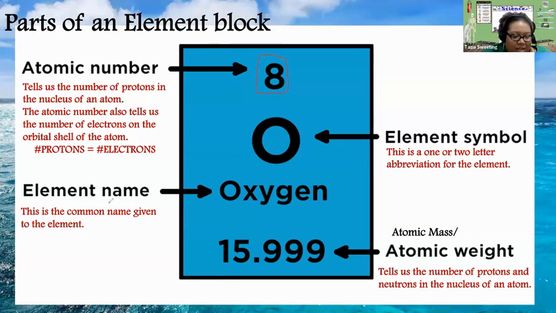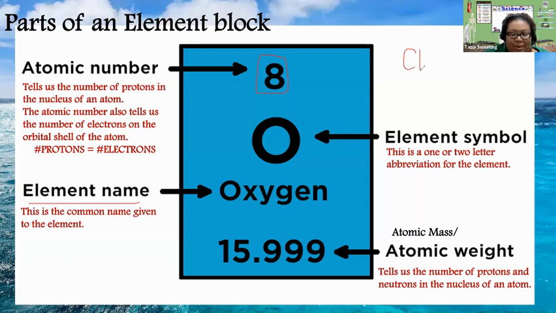The element name is very simple. It is simply a common name given to the element. The element symbol is a 1 or 2-letter abbreviation for the element. You will notice on the periodic table, some elements just have 1 capital letter to represent their element symbol, and some elements have 2 letters. For example, chlorine has 2 letters, a capital C and a small l.